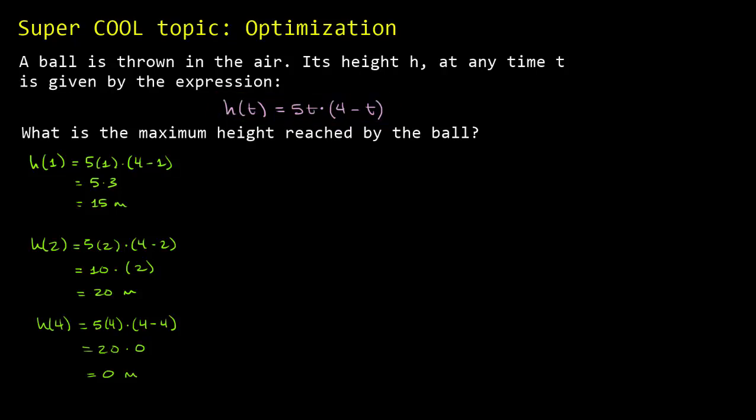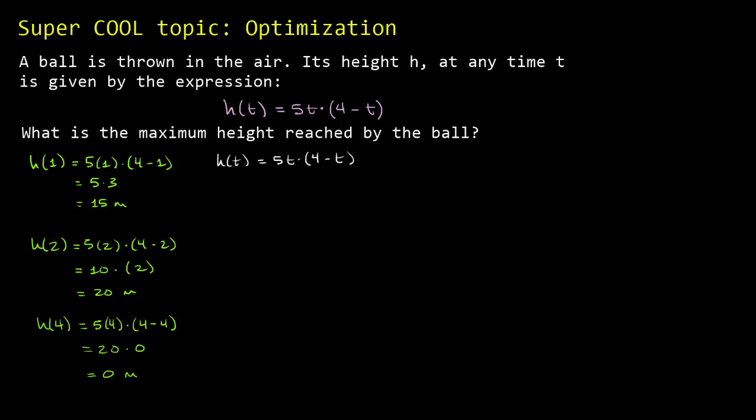So in this case, I'm going to pick this expression, h of t, and do everything that we have done previously regarding looking for the critical points and figuring out the highest possible point, which will actually be the answer for this question.